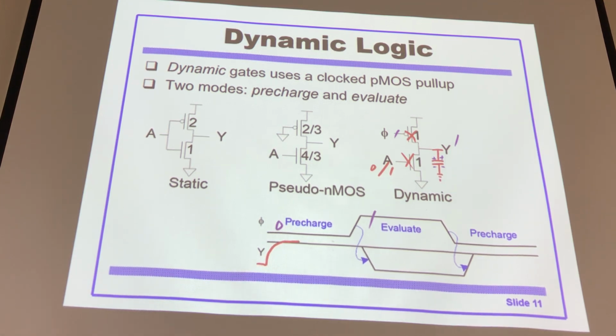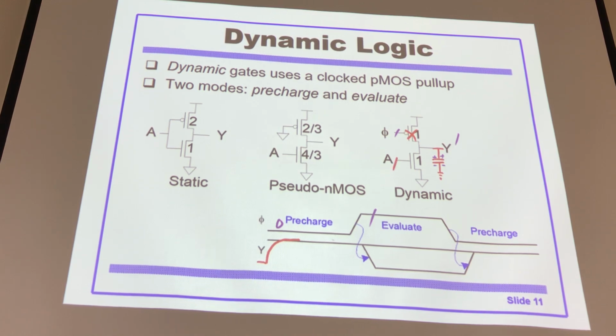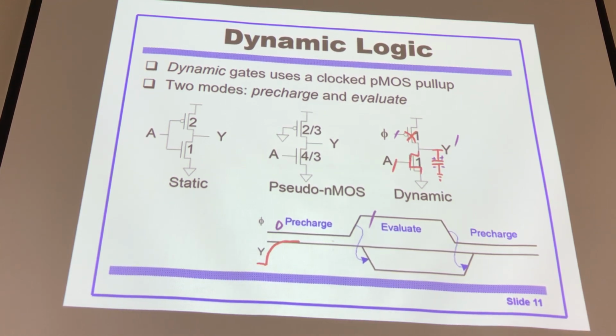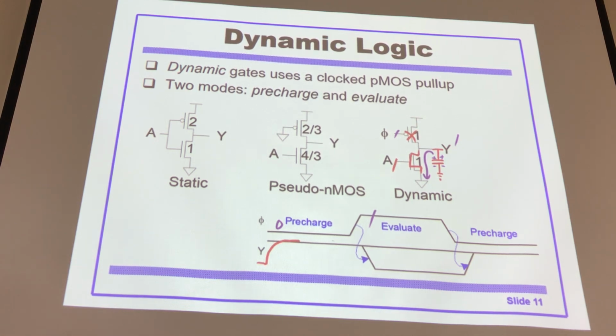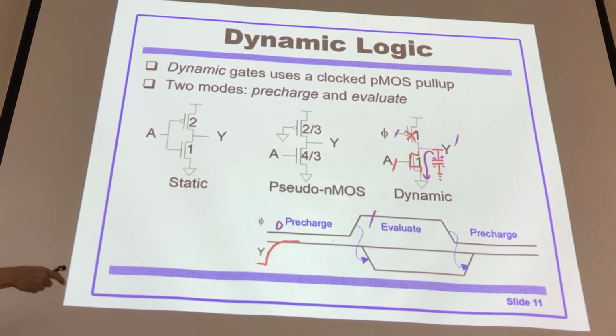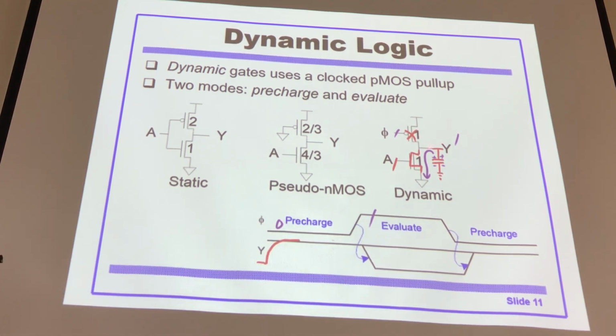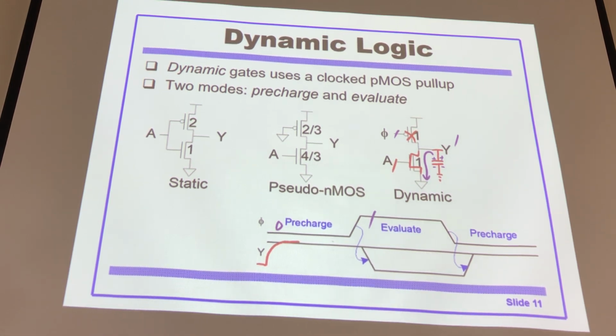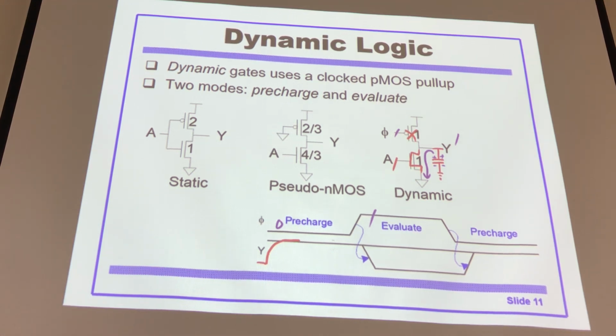However, if the input is 1, then the NMOS is on. When NMOS is on, there's going to be a current from the capacitor to the ground. There's a path. You will discharge. The charge will follow the current going through the NMOS transistor to the ground and then disappear. So the voltage at Y will go from high to low.